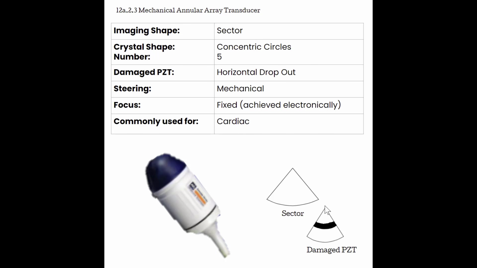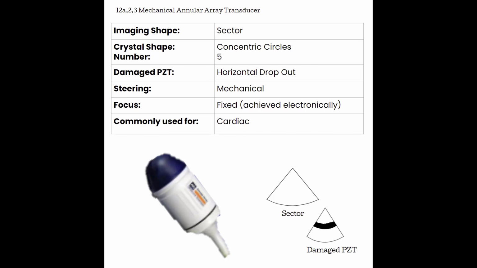So in this example down here, the tip top here is made by the center smallest crystal. The next part down is the next outer ring, outer ring, outer ring, with the far field being created by the most outer ring. So when we get a damaged crystal, we are going to see side to side dropout because of how each crystal is responsible for a layer of the image.